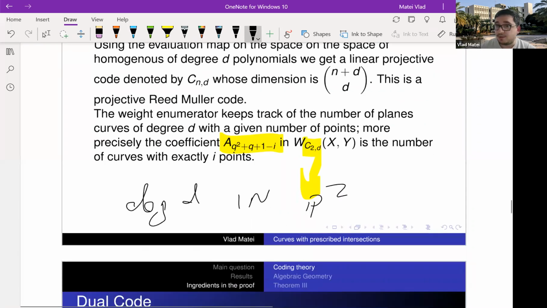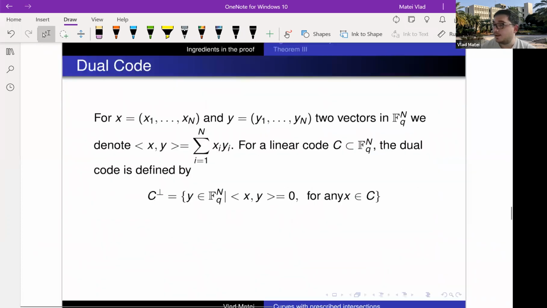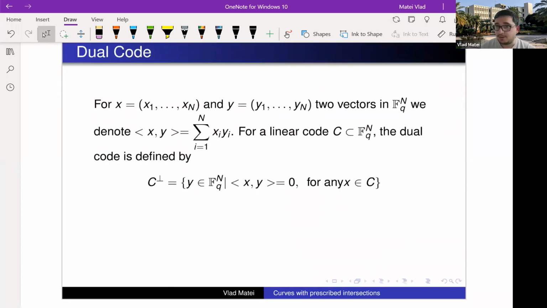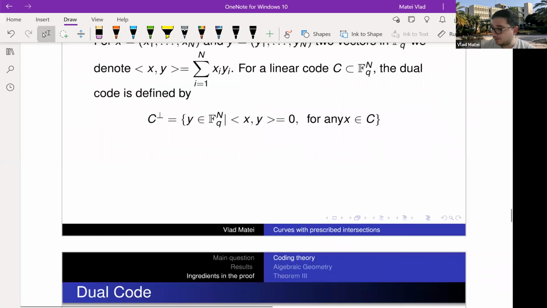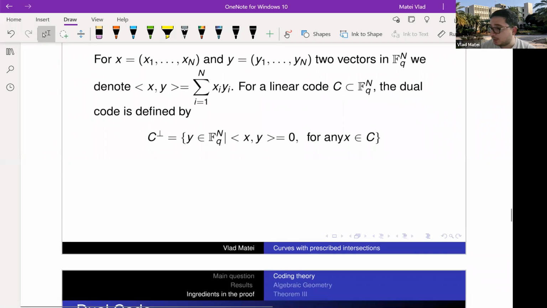Okay, so it's some generating function that keeps track of that. Okay, and now there's something dual that you can do, and I'll explain why you need that. So you can introduce this orthogonality relation, and you can take the orthogonal of a code, which is called the dual code. So sorry for skipping this, but I didn't time myself too well.